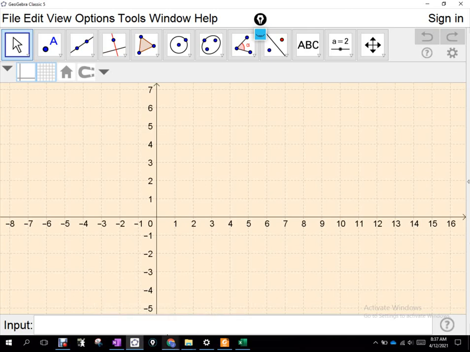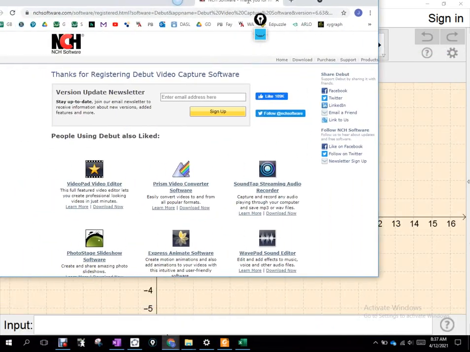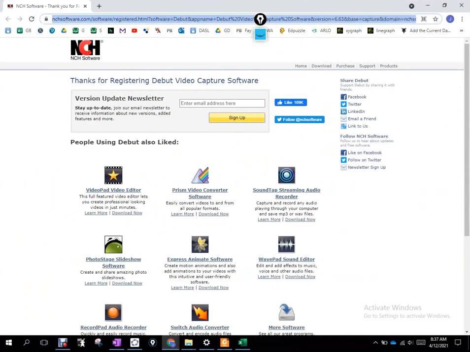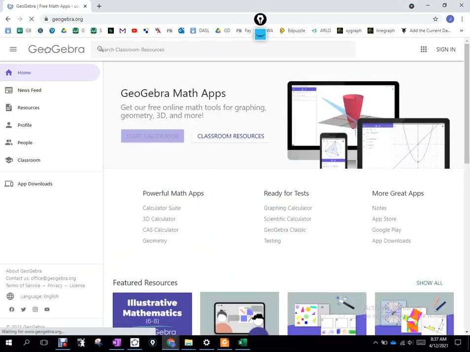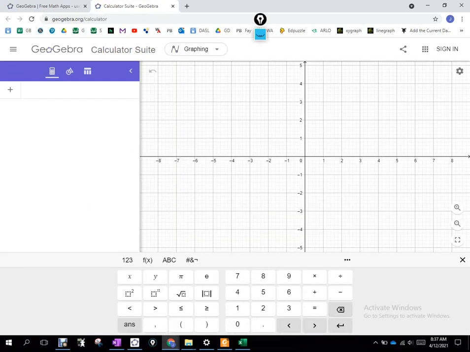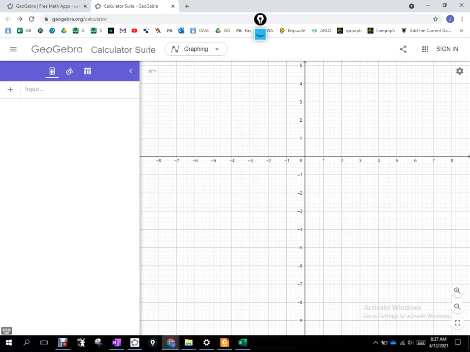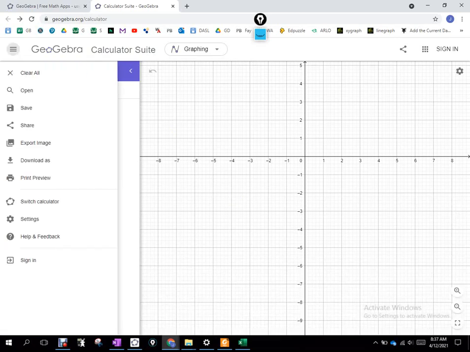So if you want this, and I know not many of us have GeoGebra downloaded on our computers, if you go to geogebra.org, and you can see here, basically, if I start calculator, it's going to give you an option. You can do these four things, which obviously work for probability, and it's not there. So that's why you got to download it. Maybe in the future they'll add it back in.